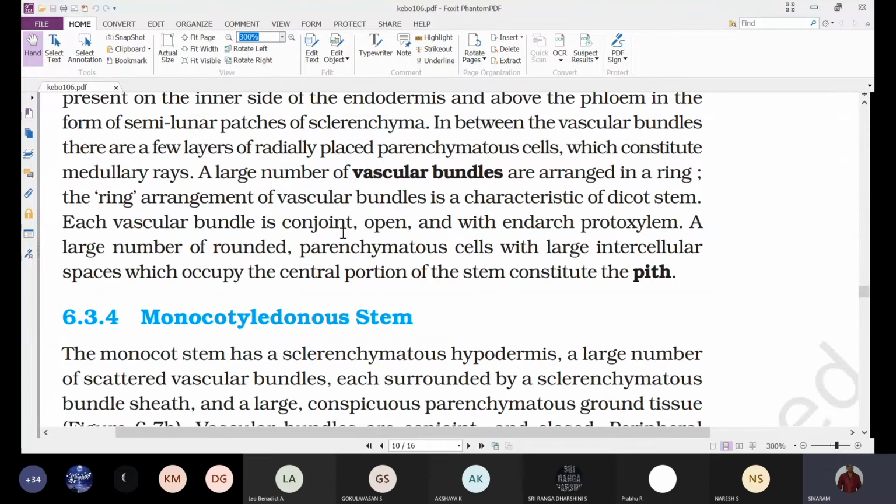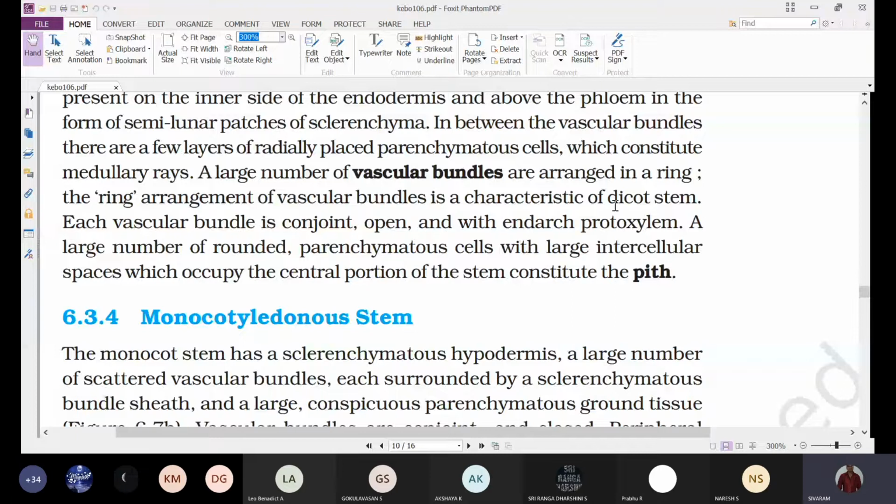So if I gave you a small piece of a stem, only 1 or 2 centimeters, and asked you whether it is a dicot stem or a monocot stem, we can easily differentiate.